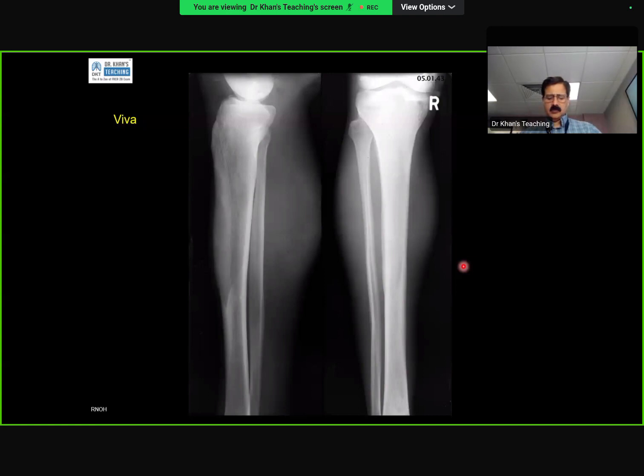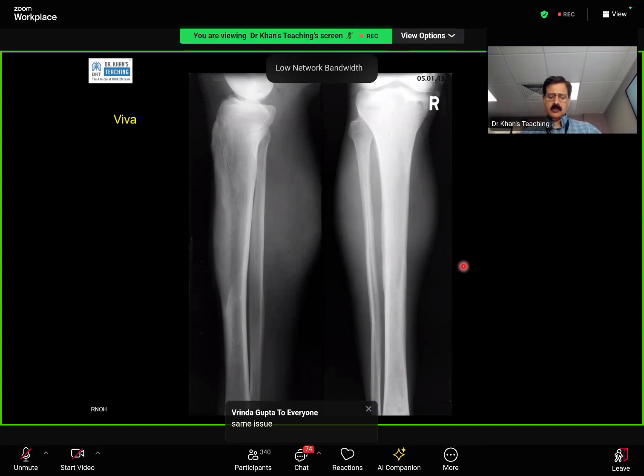I can see that there is lucency seen involving the proximal metadiaphyseal of the right tibial bone, and there is a sharp transformation into the normal bone distally, giving the appearance of blade grass line. Also, there is no cortical destruction.